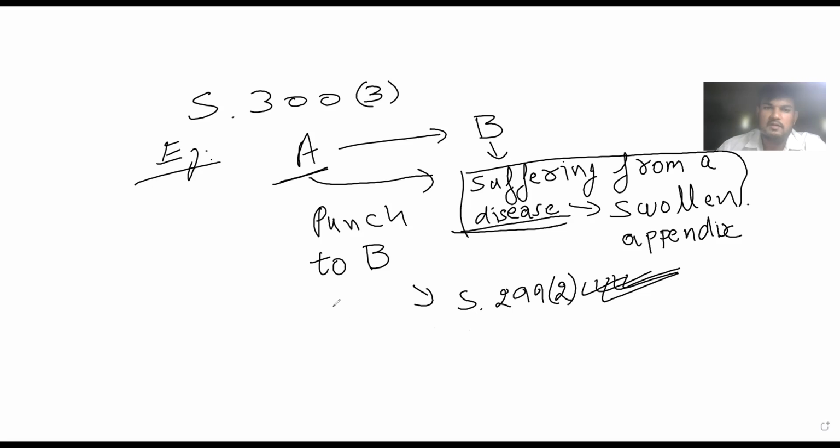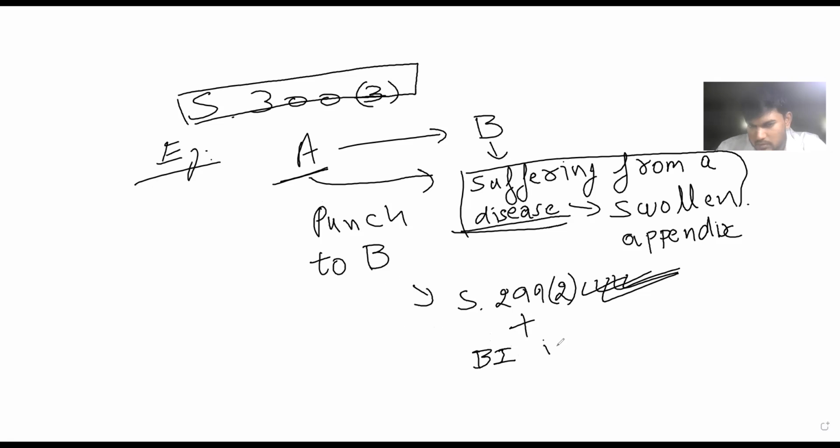Then the only thing which is left for the prosecution to prove that his case falls under section 303 is that the bodily injury is sufficient in the ordinary course to cause death.